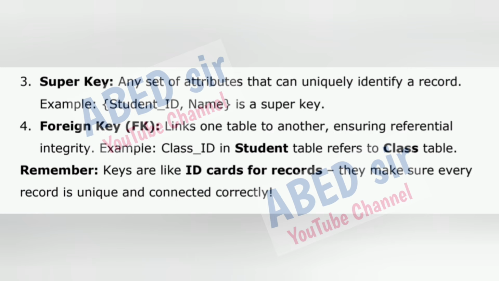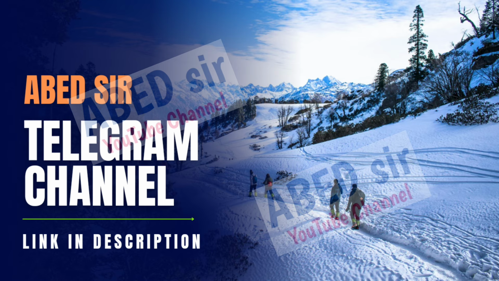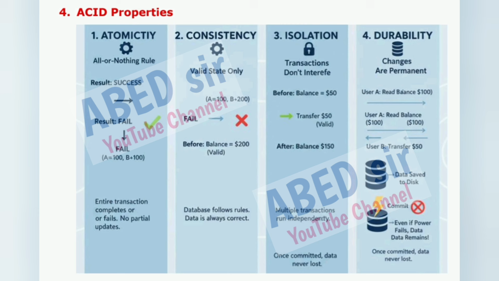Foreign key, FK links one table to another, ensuring referential integrity. Example, class_ID in student table refers to class table. Remember, keys are like ID cards for records. They make sure every record is unique and connected correctly. Next important short question is 4.